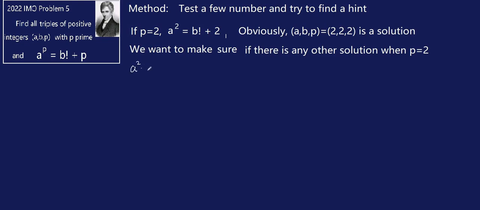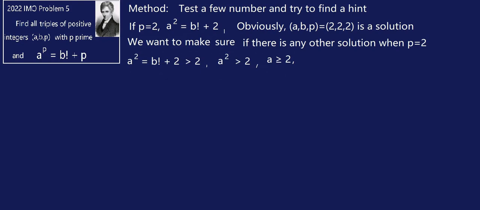a squared equals b factorial plus 2, which is greater than 2. So a squared is greater than 2, and a is greater than or equal to 2. Therefore, b factorial plus 2, which equals a squared, is greater than or equal to 4.